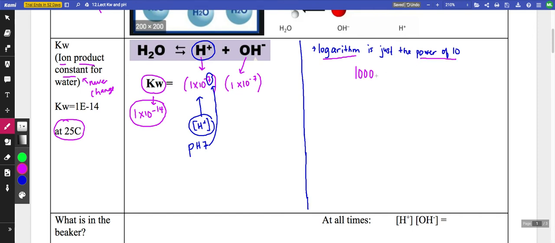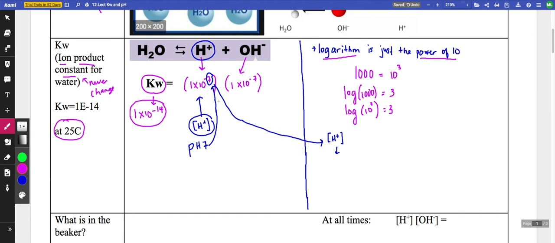Let's look at the number 1,000. Do you agree that 1,000 is 10 to the power of 3? Okay, so the logarithm of 1,000 is equal to 3, because the logarithm of 10 to the 3, which is the same as 1,000, is just the power of 10, which is 3.